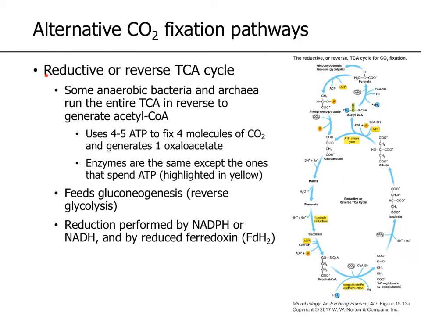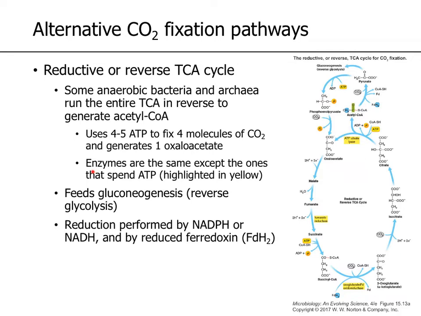Still a little bit more about the reverse TCA cycle. Some anaerobic bacteria and archaea can run the entire TCA in reverse and generate acetyl-CoA. This uses 4 to 5 ATP to fix 4 molecules of CO2 and generates 1 oxaloacetate as the kind of backwards product of this cycle.